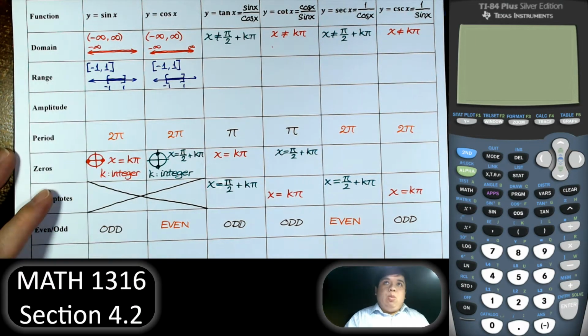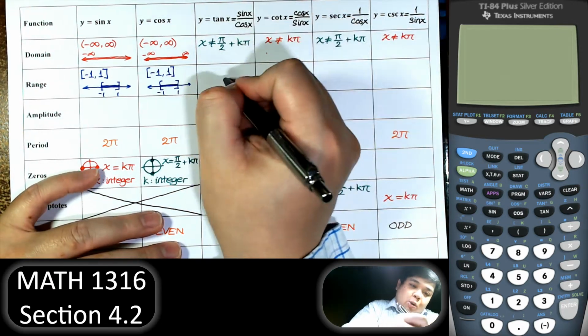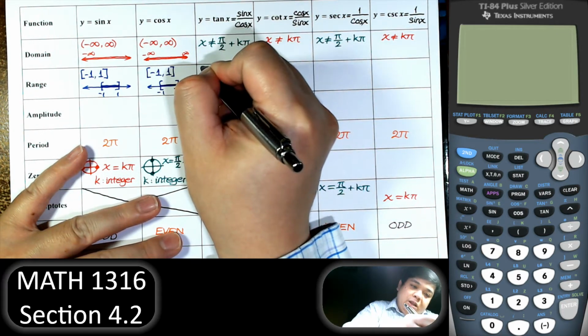I continue. What else do we get from this? The range from the previous section: tangent and cotangent on real numbers.